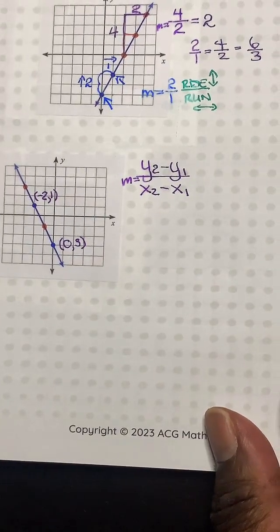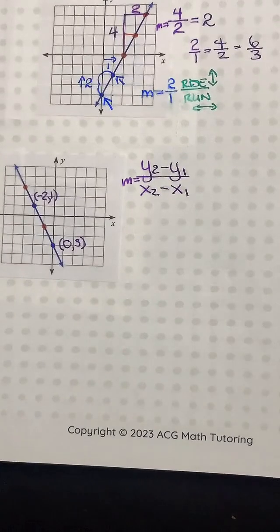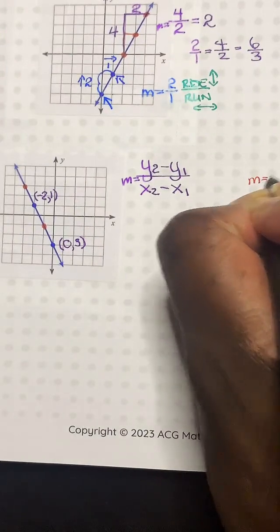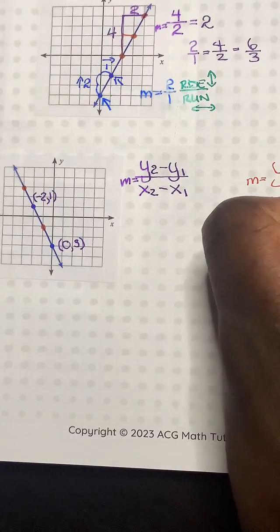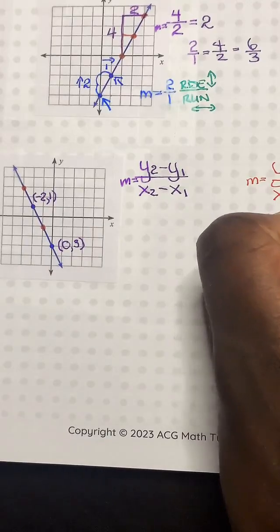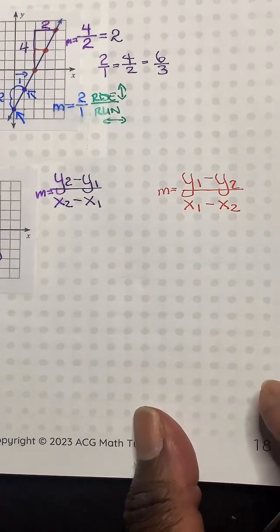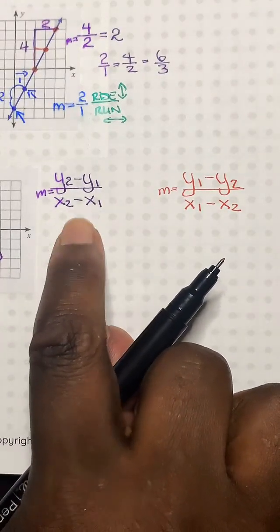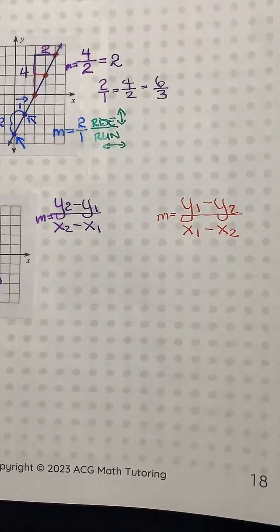But did you know you will get the same exact answer if you did my y1 minus y2 over my x sub 1 minus x sub 2. Okay? We're so used to doing it this way. And this is what screws a lot of people up.